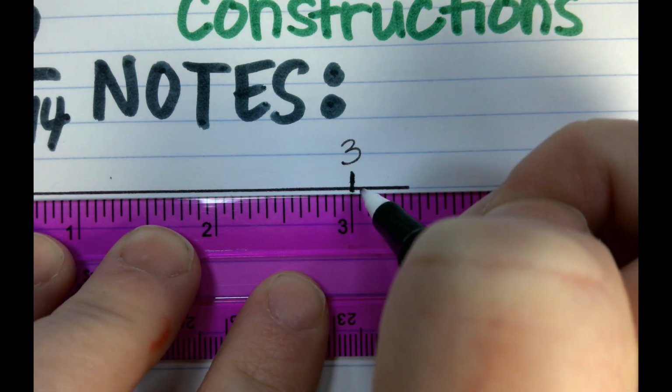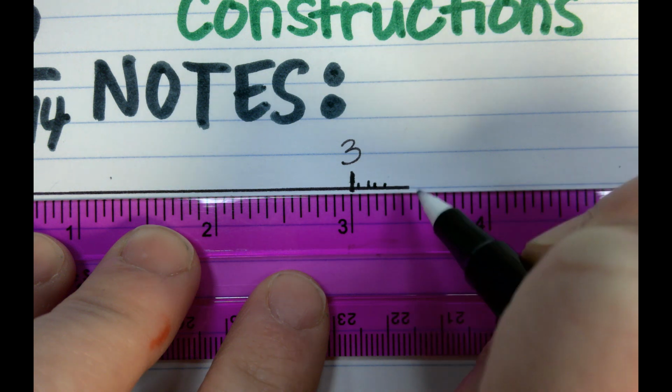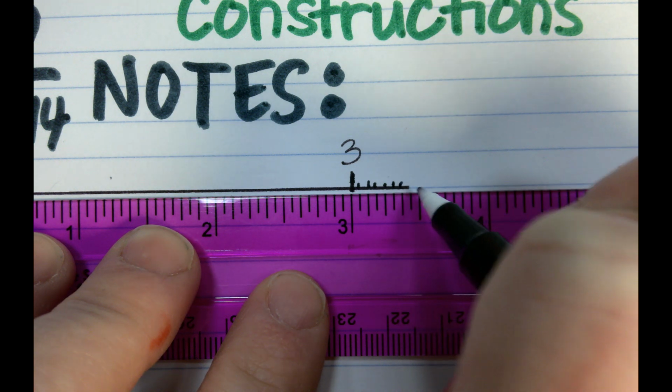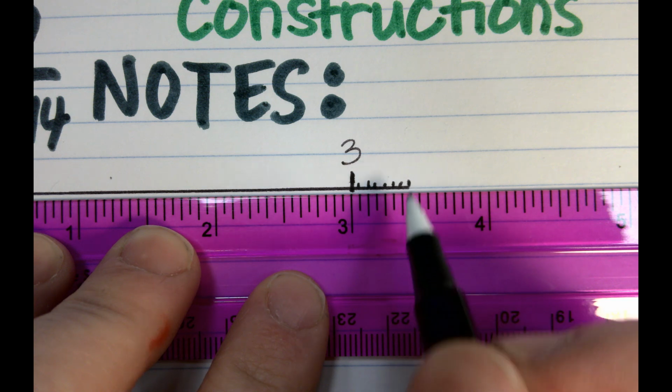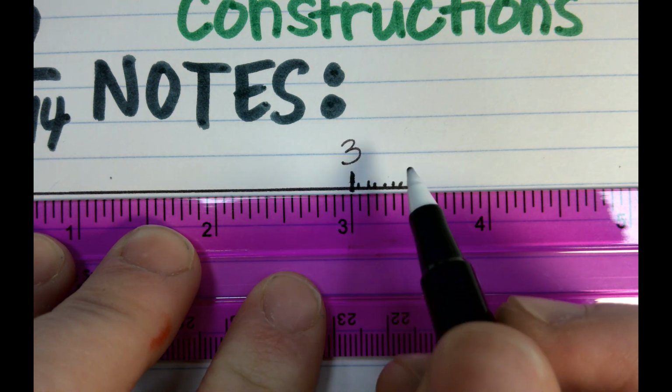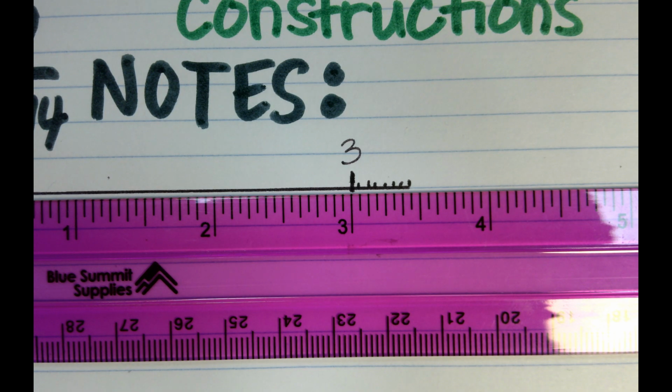Okay. So I have 1, 2, 3, 4, 5, 6, 7. See that? It lines up pretty good with that 7 tick mark. So I'm going to take that number in my brain. I'm going to take 7 in my head. And I'm going to reference my giant inch paper.